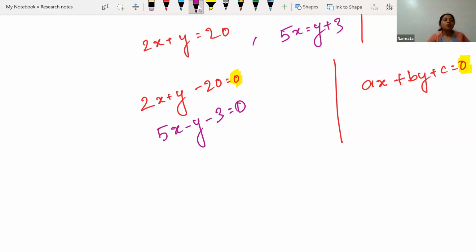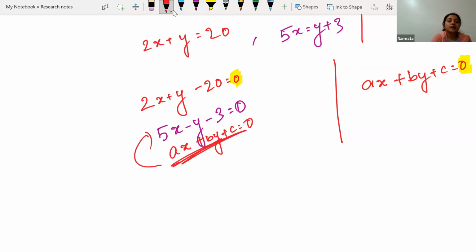Now once you have written it in the format which I am telling you again and again, ax plus by plus c is equals to 0, the question can be what is sitting at the place of a in your equation. At the place of a, you have 5.